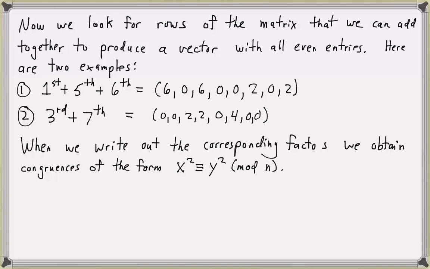So if it happens that x is not congruent to plus or minus y mod n, then we can find a non-trivial factor.